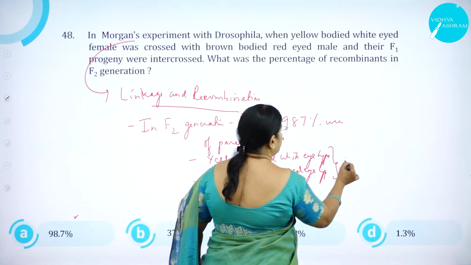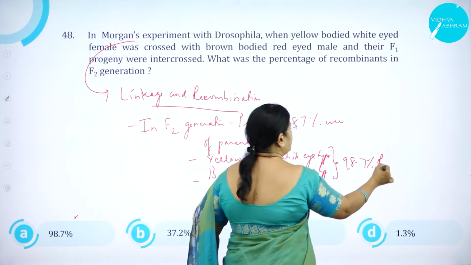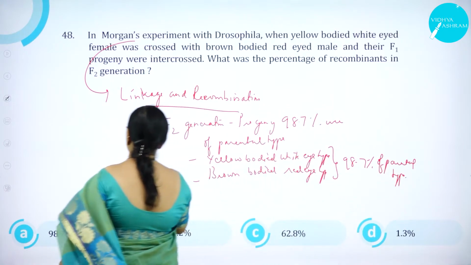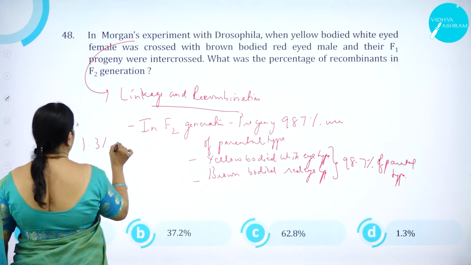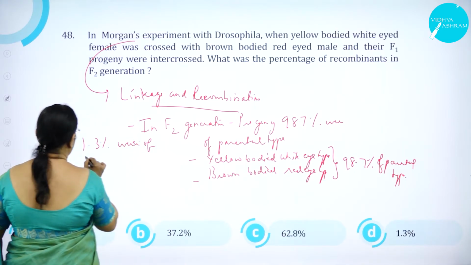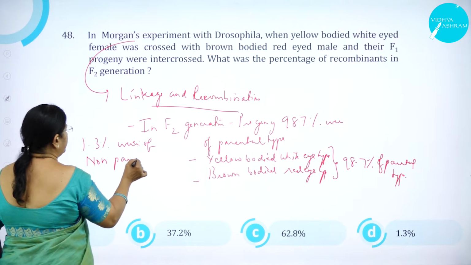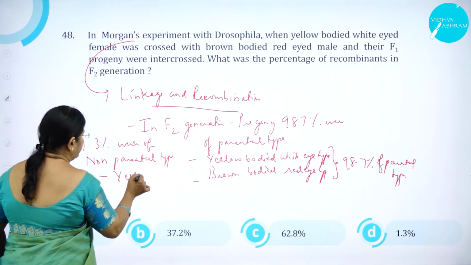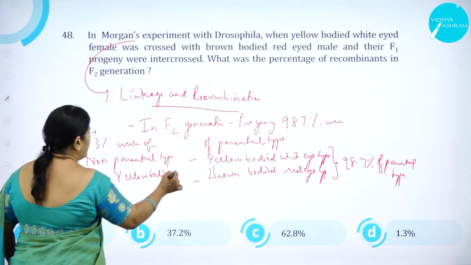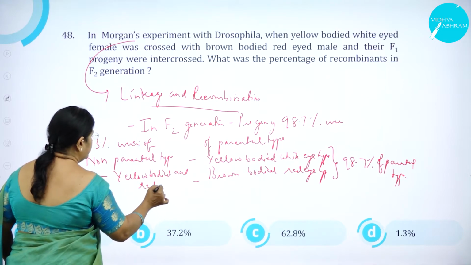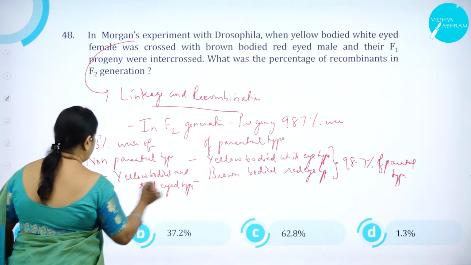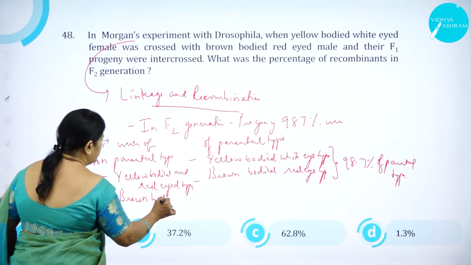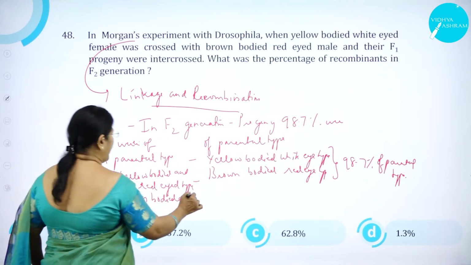So this was 98.7% of parental type, but 1.3% were of non-parental type, that is yellow-bodied red-eyed type. Then the other combination was what? Brown-bodied and white-eyed type.